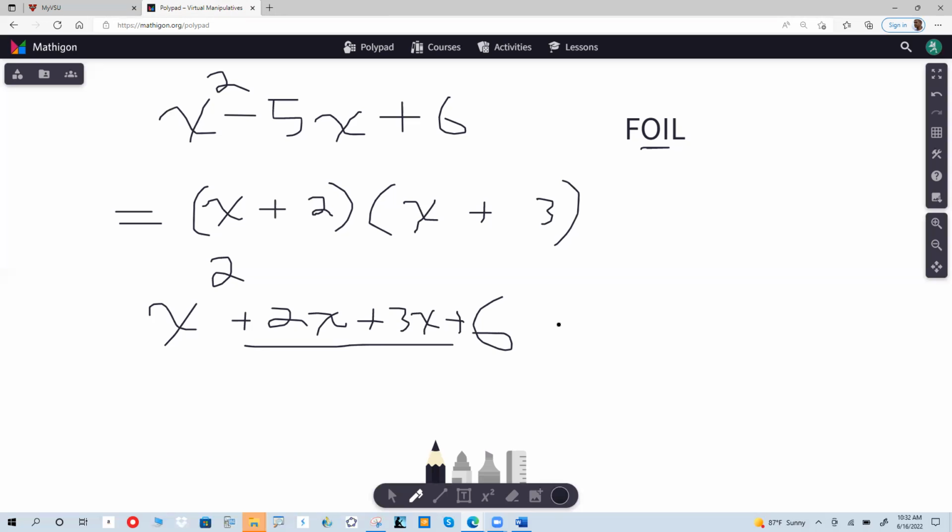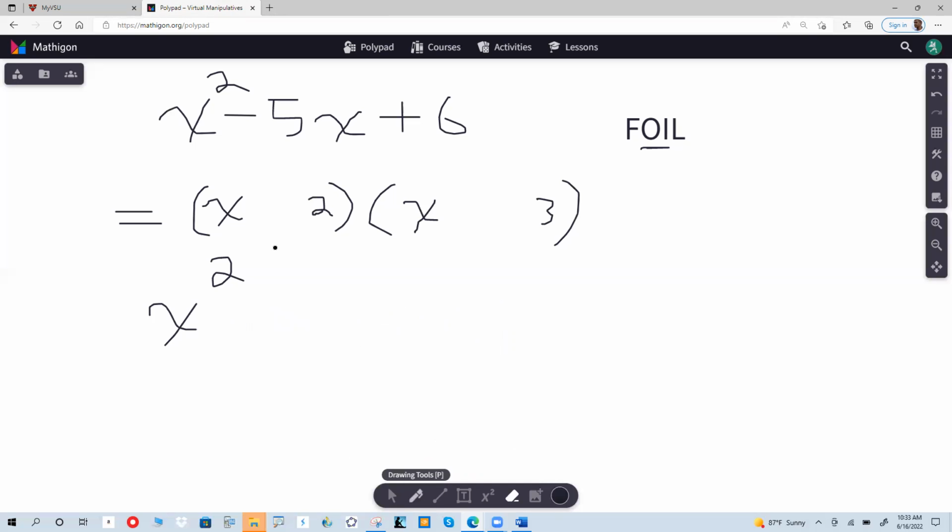I want the 6 to be plus. My choices are really 2 choices: plus 2 and plus 3, or minus 2 and minus 3. I'm going to go with minus. And minus 2 times minus 3, the last term will still give me plus 6. Good sign. I'm okay with this one and this one. What do I get in the middle?